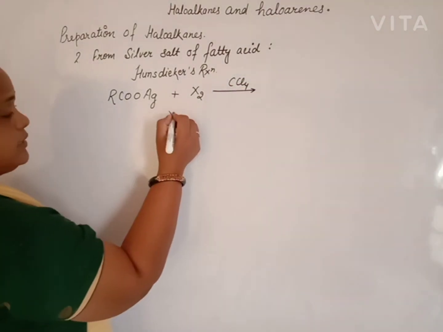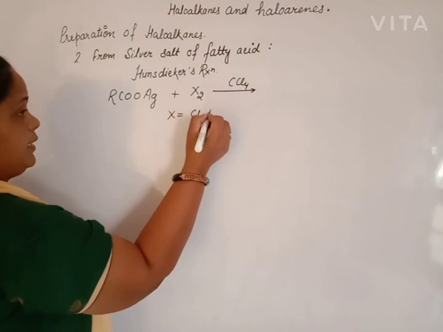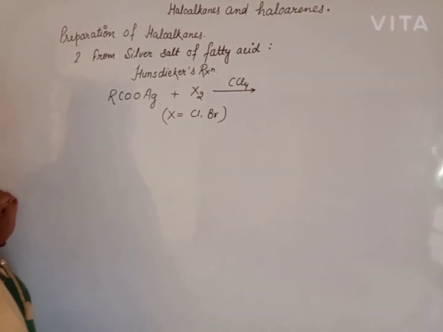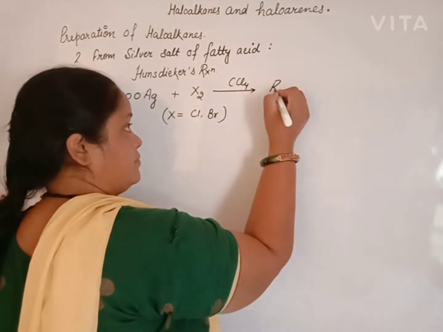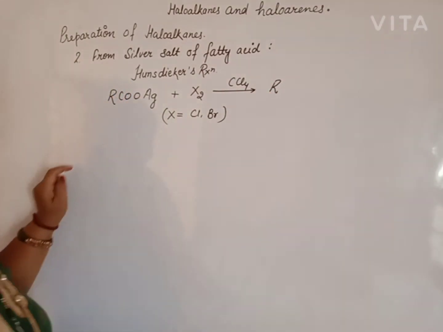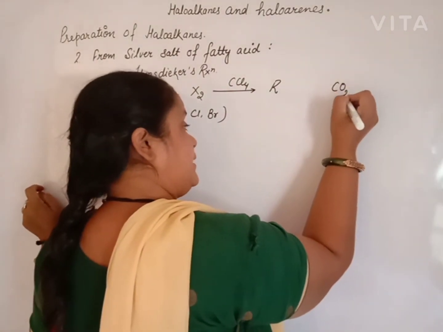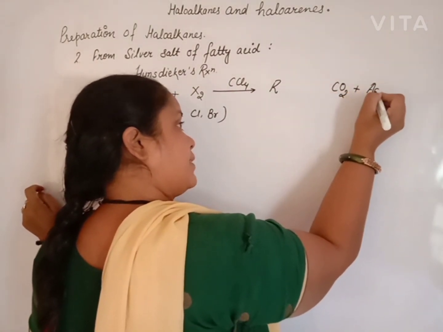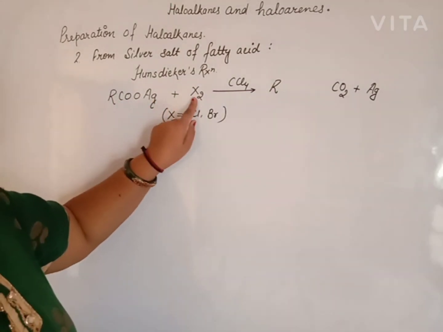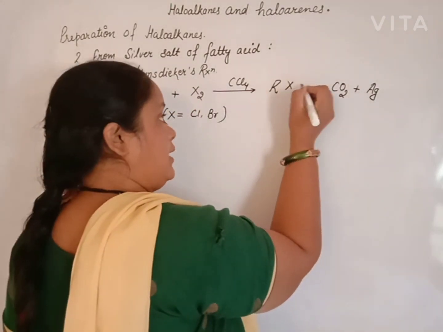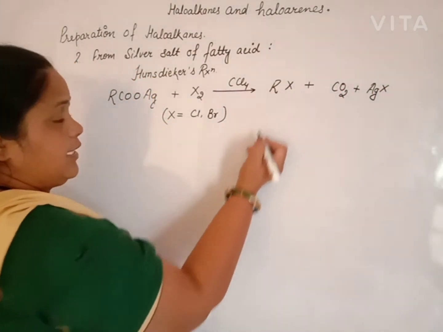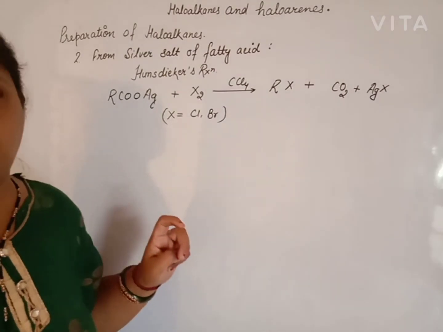This X may be chlorine or bromine. We get R, and COO is removed in the form of carbon dioxide and silver. This silver and alkyl group react with halogen, and we get haloalkane plus silver halide. This haloalkane may be chloroalkane or bromoalkane.